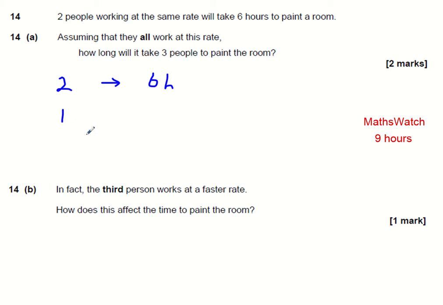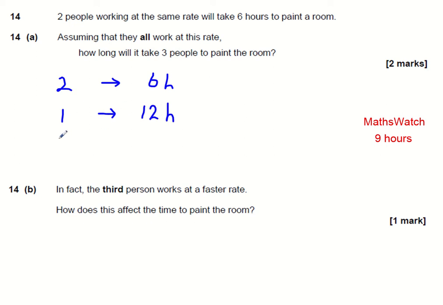That 1 person would have to do the job of both, which means it will take twice as long. It'd be 6 hours for the first person's work, 6 hours for the second person's work, so 1 person will take 12 hours to complete that job.